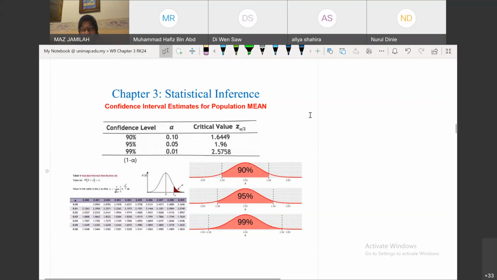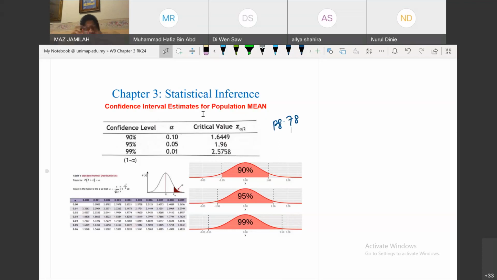This confidence level has to do with the interval estimate, and it can be found in your textbook on page 78. Please read some of the things that I did not discuss yet.